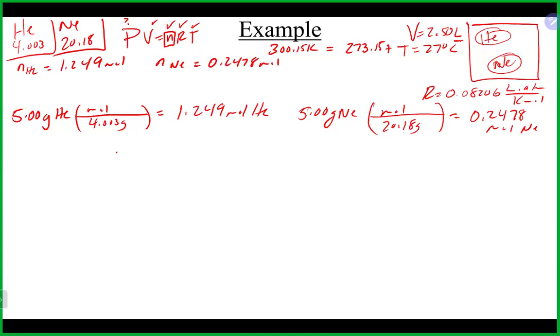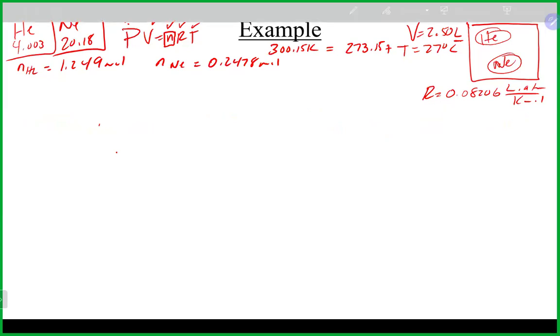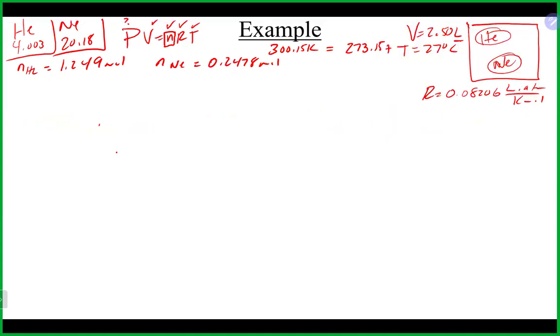So I'm just going to erase the bottom there so I can do a little bit higher. I know it's kind of hard to see some places in this room, so kind of go this way with it here. All right, so now that we got our moles of each one and we got everything that we need in the right units, we're just simply going to use the ideal gas law twice.